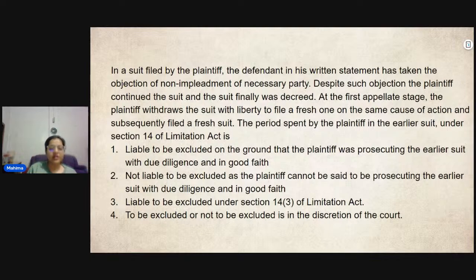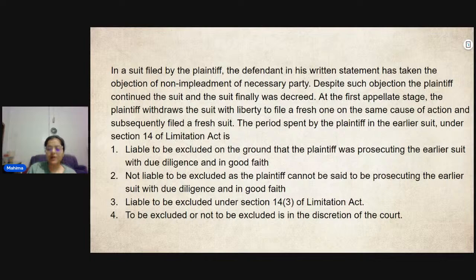In a suit filed by a plaintiff, the defendant in his written statement has taken the objection of non-impleadment of necessary party. Despite such objection, the plaintiff continued the suit and the suit was finally decreed. At the first appellate stage, the plaintiff withdraws the suit with liberty to file a fresh one on the same cause of action and subsequently files a fresh one.